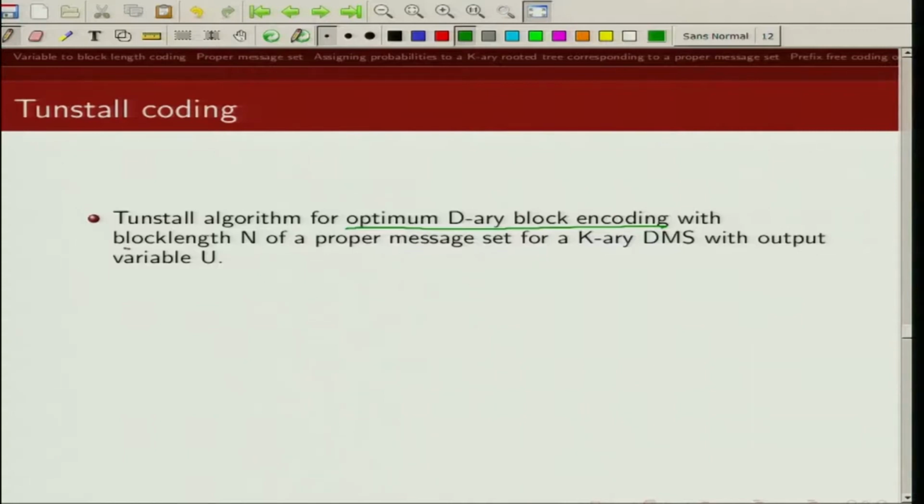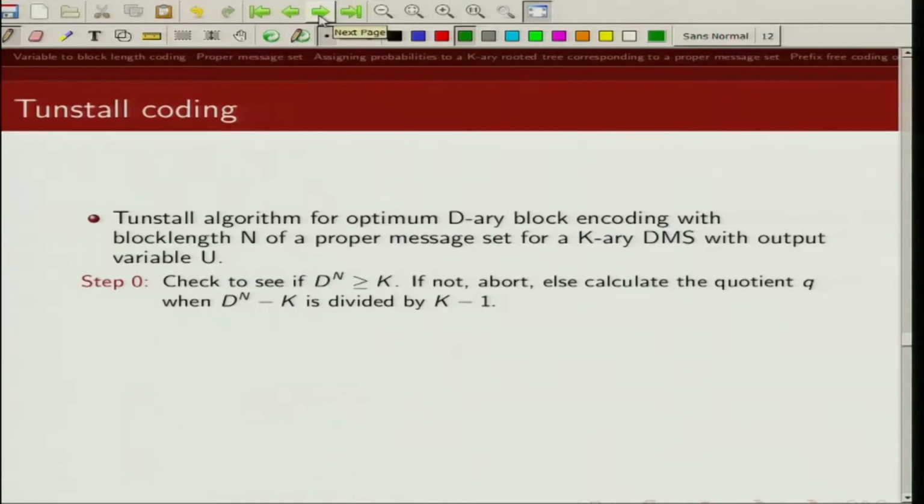Our output code words have block length N. We have a K-ary discrete memoryless source which emits these random variables U, so U1, U2, Uk, that is what it is emitting. First thing that we need to do is check if D raised to power N is greater than or equal to K. If it is not, we cannot find a code for that.